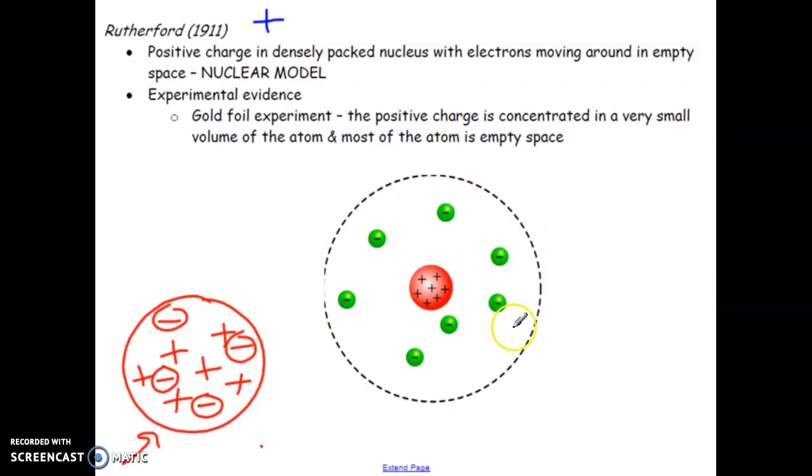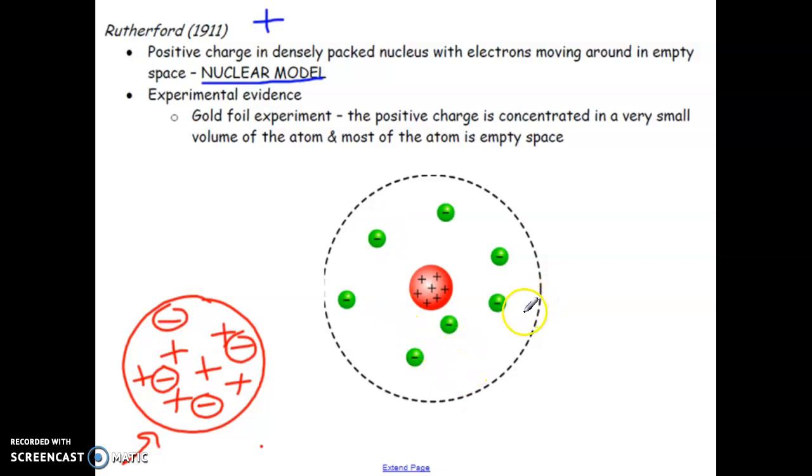Okay, so his model of the atom is sometimes referred to as the nuclear model since it involves the nucleus. So the electrons are still, of course, present. Remember that those were proven already before. However, because we know there's this densely packed nucleus, the empty space that's around it is actually where the electrons are assumed to be.